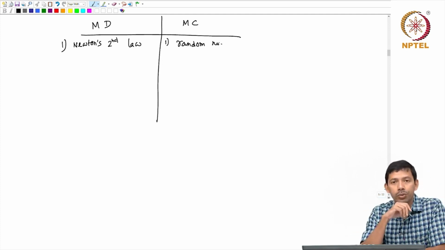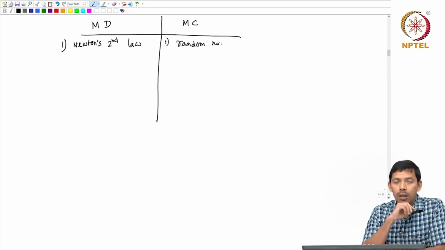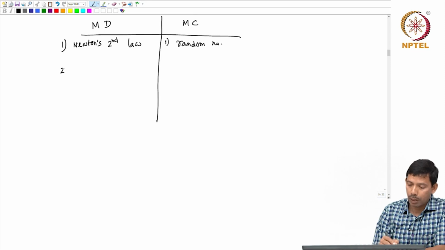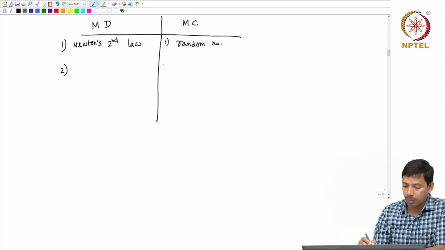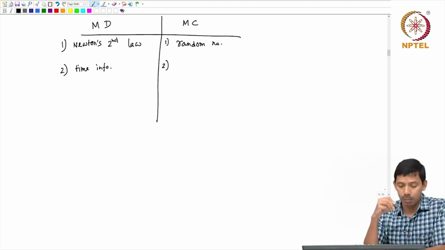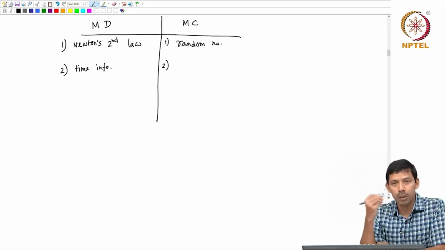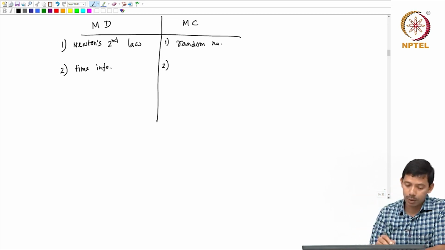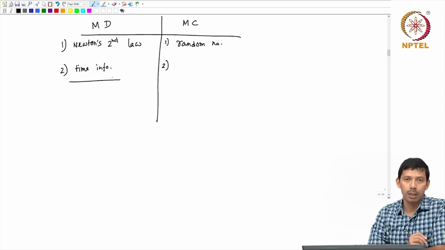So, we use the random number generator to generate the configuration randomly. And the second difference between MD and MC is that in MD there is time information, because we are solving force equals mass into acceleration, and the acceleration has the time information.